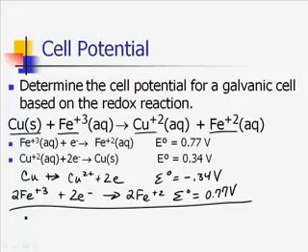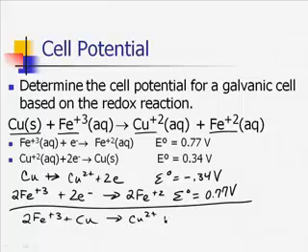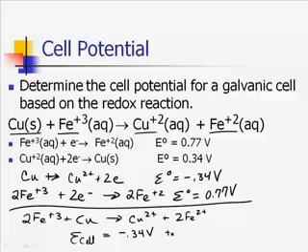So here is our balanced equation, and the E cell for this would be minus 0.34 plus 0.77 volts.